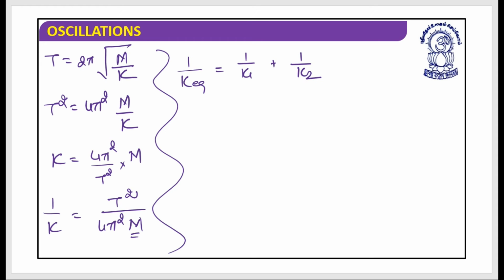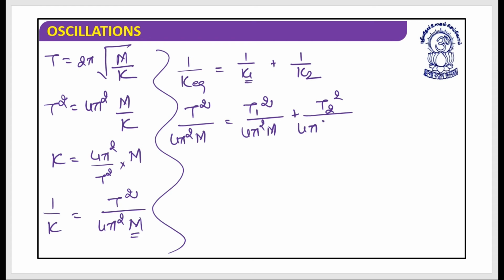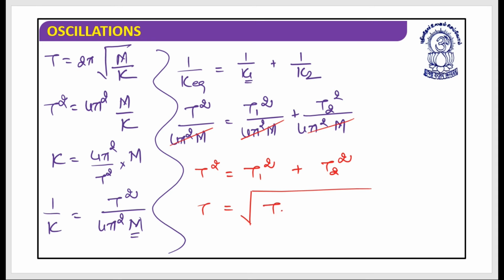So 1 by k, which is T square divided by 4 pi square m, is equal to T1 square divided by 4 pi square m plus T2 square divided by 4 pi square m. If I solve this, the common factors cancel. The data I am left with is T square equals T1 square plus T2 square, or T equals the square root of T1 square plus T2 square.